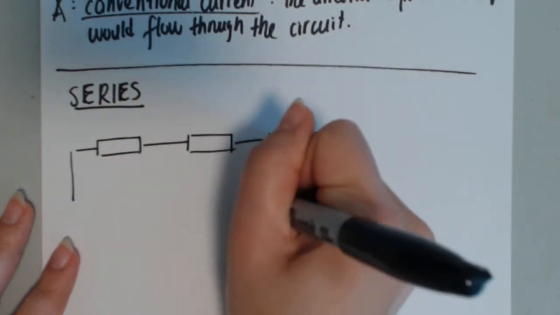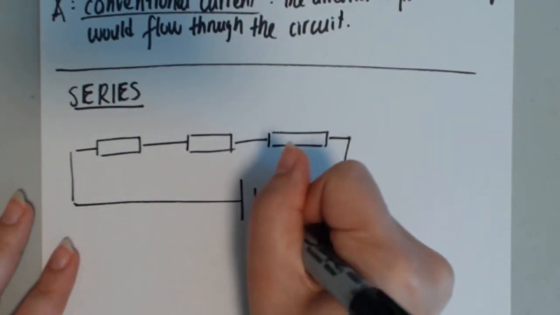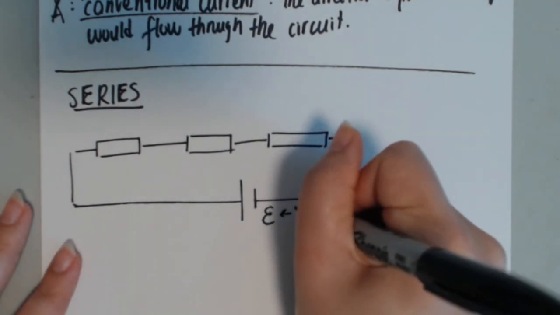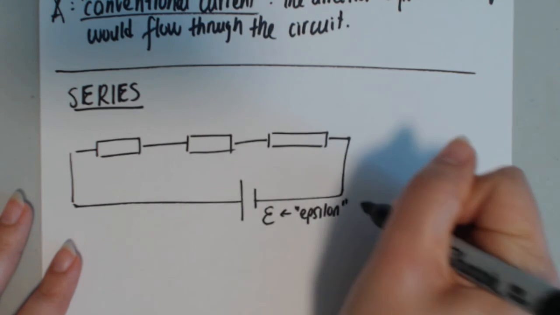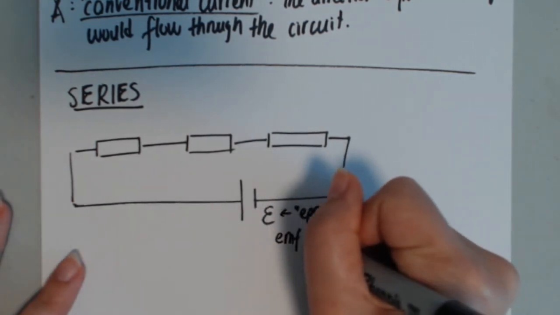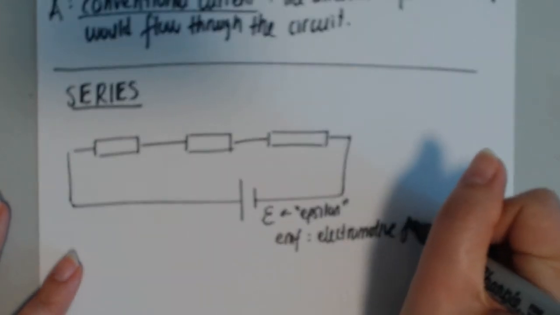Okay. So we've got a cell. Now the cell is given this fancy letter, which we call epsilon. Epsilon is the name of this Greek letter, but the name that we give it is EMF. EMF stands for electromotive force.